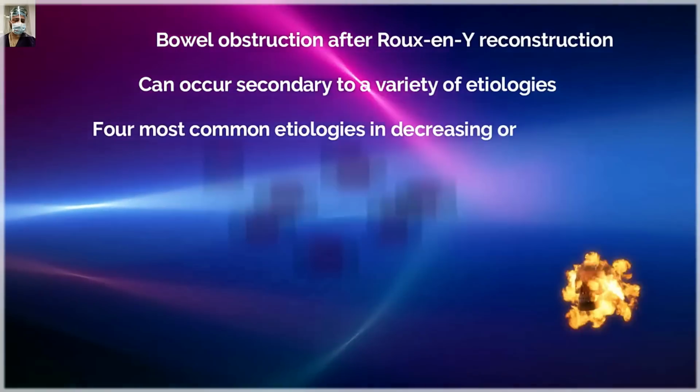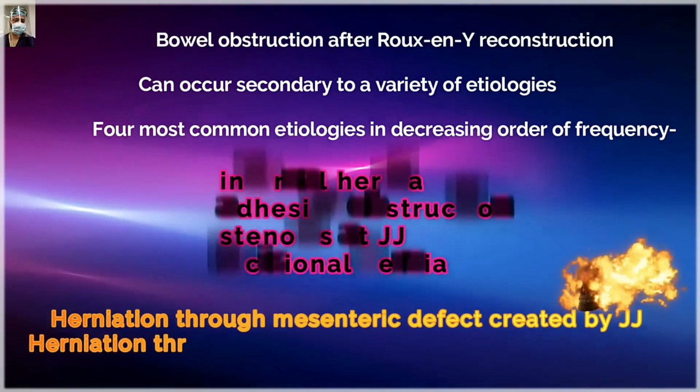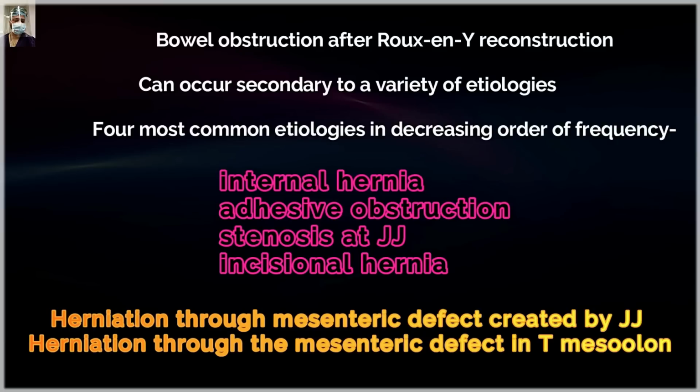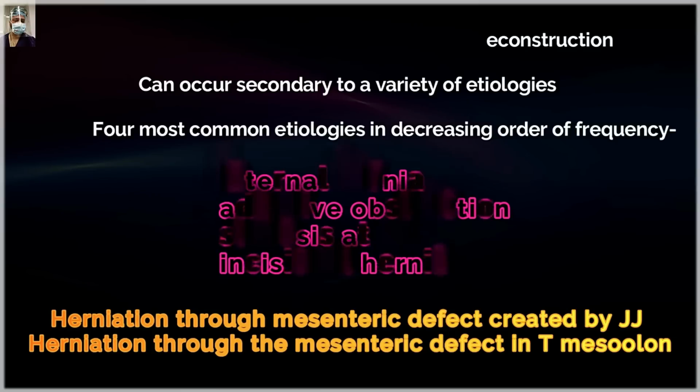Bowel obstruction after Roux-en-Y reconstruction can occur secondary to a variety of etiologies. The most common etiologies, in decreasing order of frequency, are internal hernia, adhesive obstruction, stenosis at the jejunojejunostomy site, and incisional hernia. Herniation through the mesenteric defect created by the jejunojejunostomy or through the mesocolon can be the cause of the internal hernia.